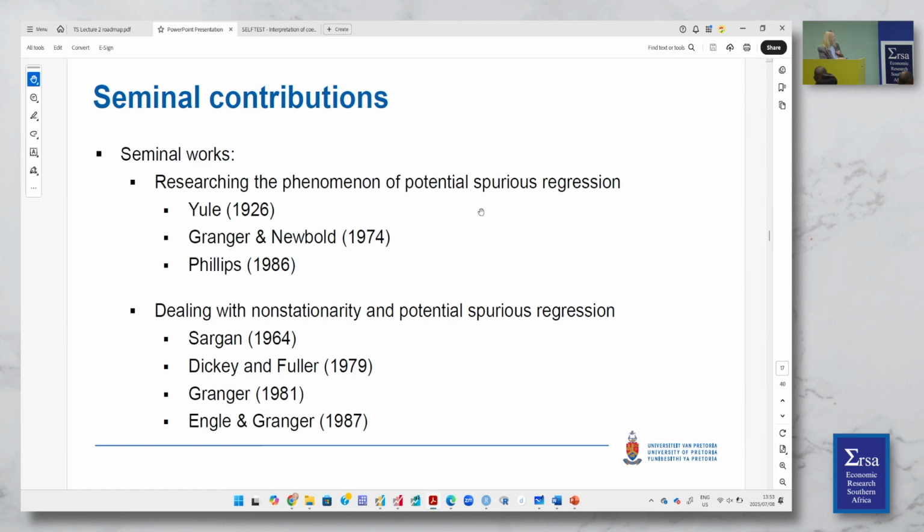And here towards the end, Granger also relied on Sargan, who coined the term error correction model. Basically Granger joined forces with Engle, who was at this stage a specialist in high frequency volatility data, and they came up with this idea.